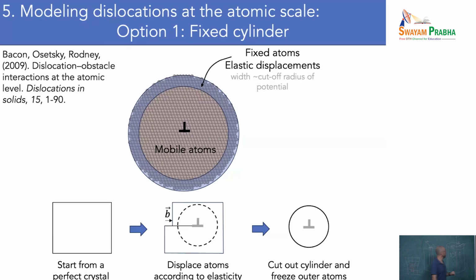So if we look at how it works, you start by creating a perfect crystal. Then, if you want to create an edge dislocation by a shear process, you move all of the atoms using the elastic displacement field that you get from elasticity theory.